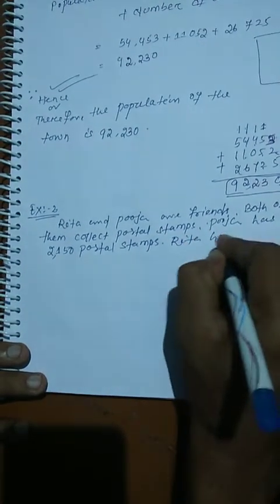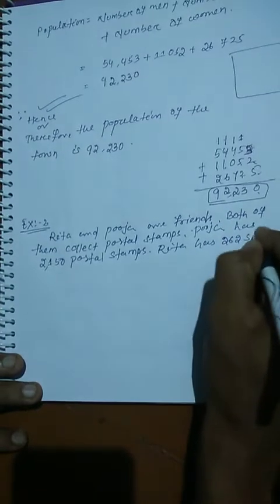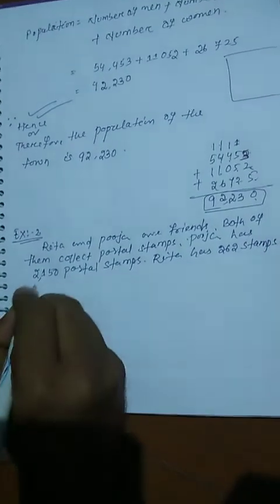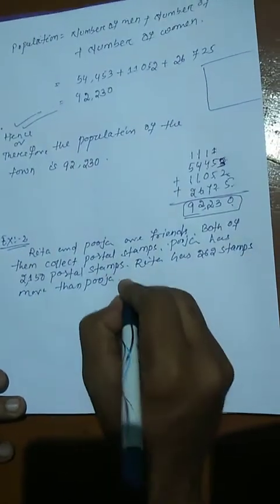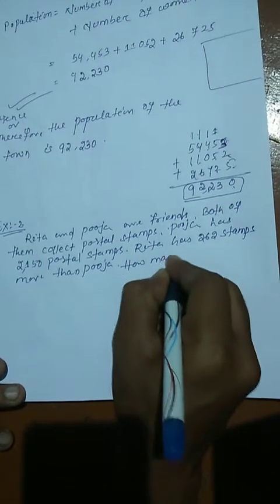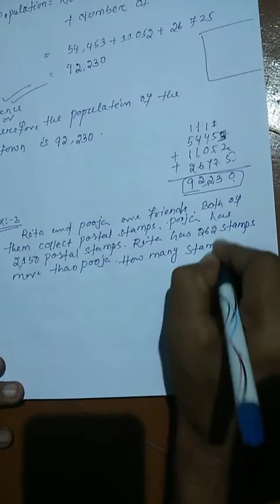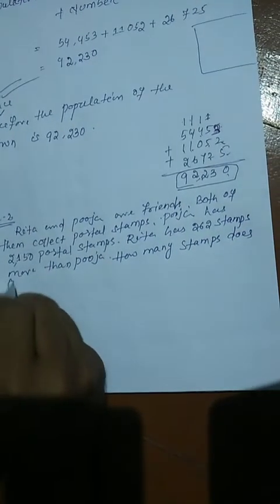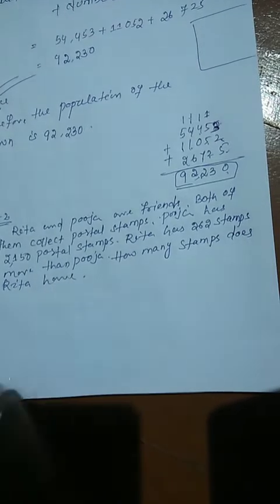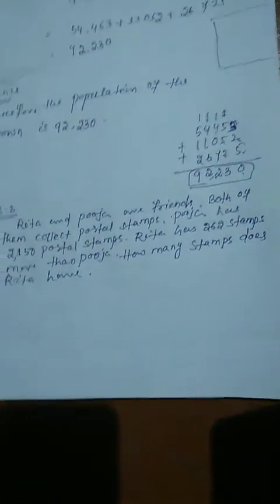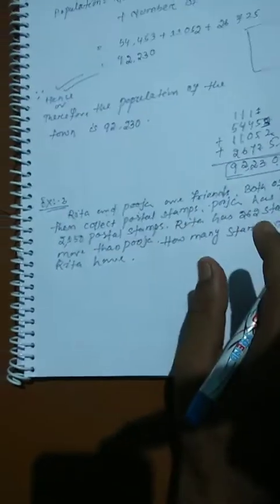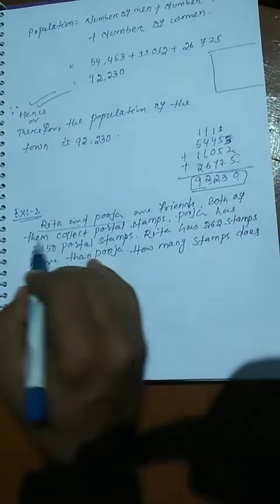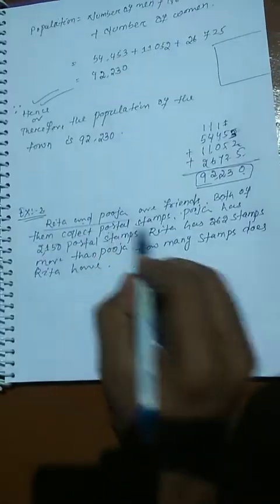Rita has 262 stamps more than Pooja. How many stamps does Rita have? It's a very interesting question. So let us discuss the question given. Rita and Pooja are friends, so they two are friends. Both of them collect postal stamps. They have collected some postal stamps.